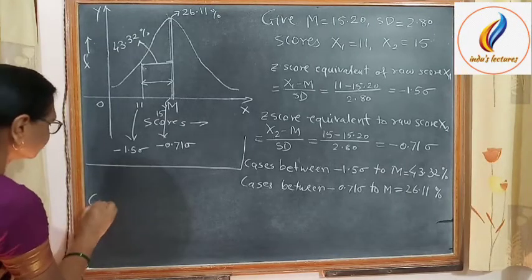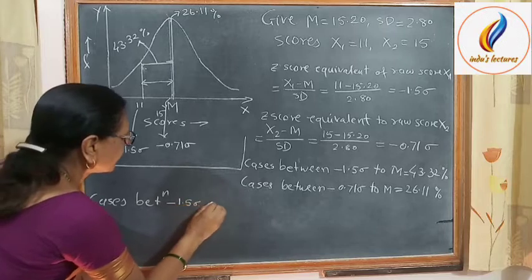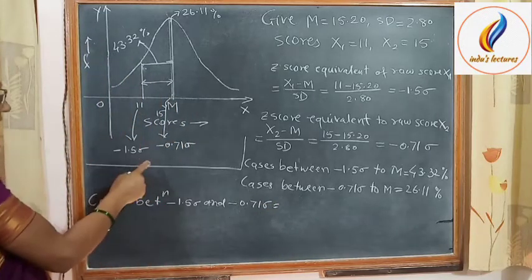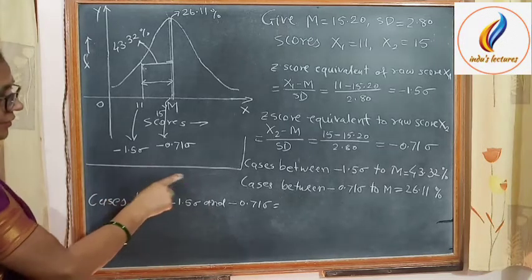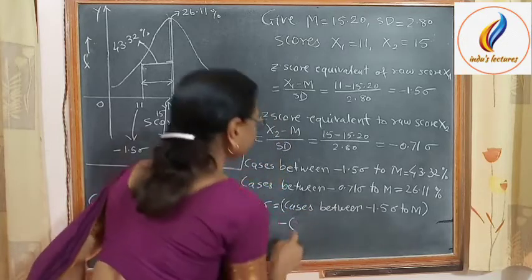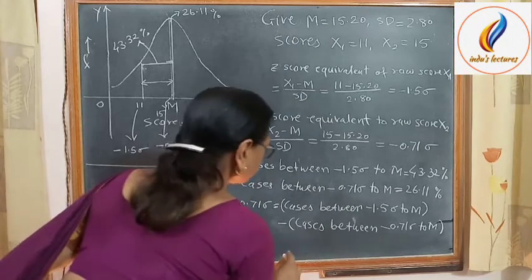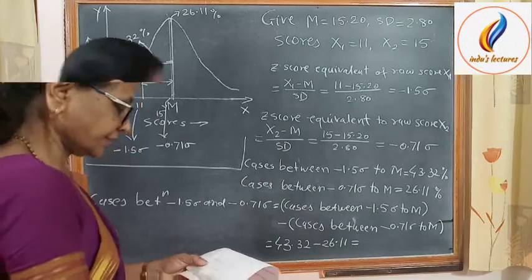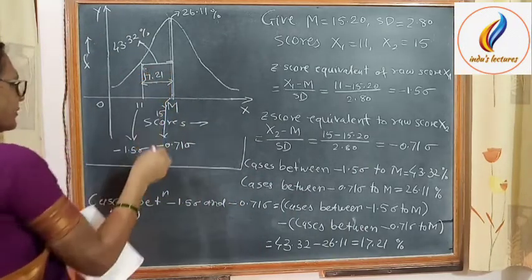So the cases between minus 1.5 sigma and minus 0.71 sigma can be calculated as the cases between minus 1.5 sigma to mean, minus the cases between minus 0.71 sigma to mean, which is equal to 43.32 minus 26.11, which is 17.21.